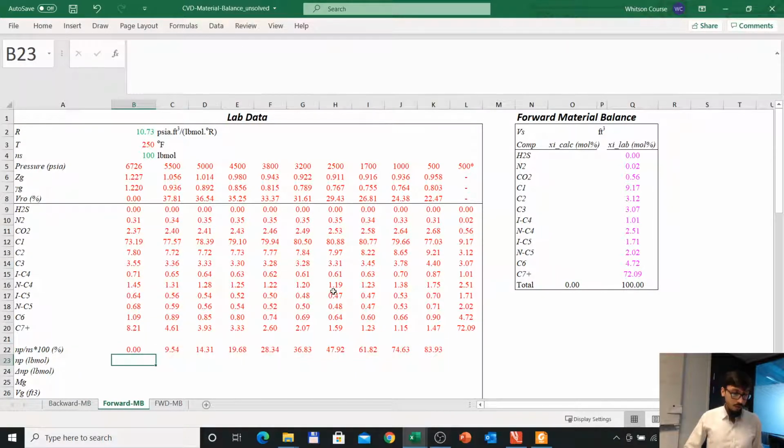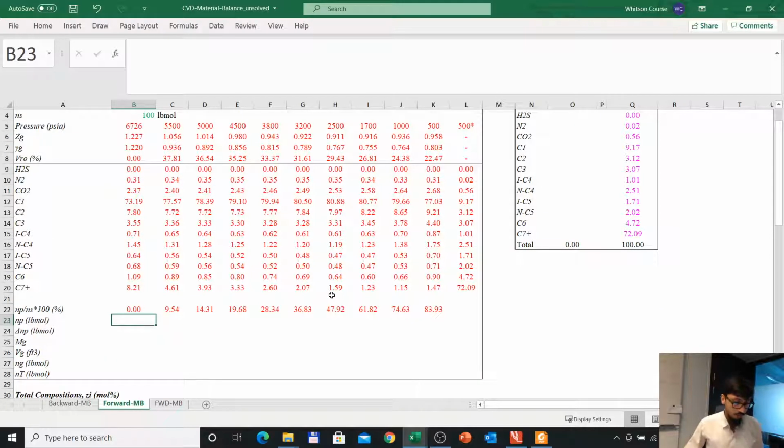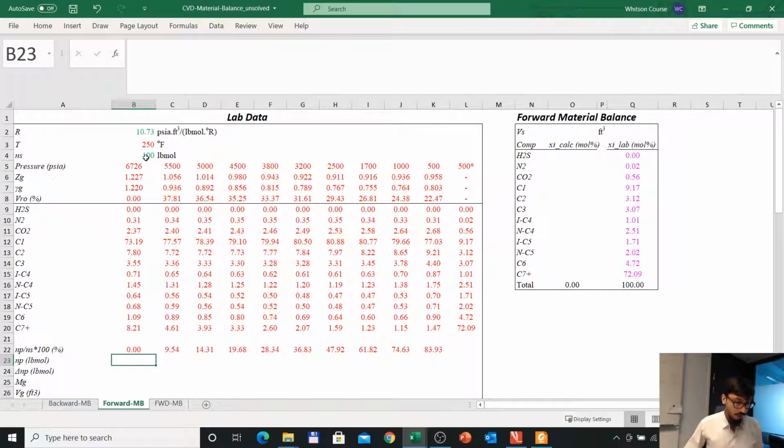Okay, so again, first step, calculating NP and delta NP. We started with a basis of 100 moles initially, so we can do this calculation again, and then also divide by 100 because it's in percentage.